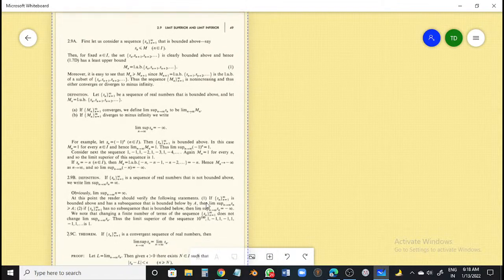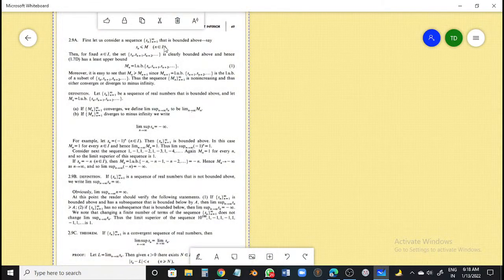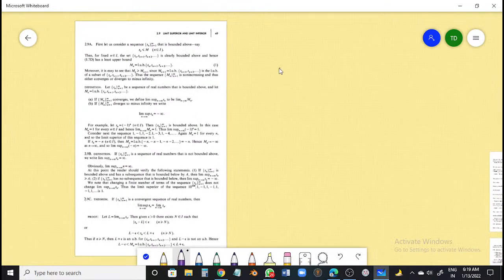You can see, if you are given any sequence Sn which is bounded above, then we know that, suppose I am handling a sequence Sn from 1 to infinity, and we know that it is a bounded sequence, which will mean Sn is less than or equal to some capital M, and this is true for all natural numbers.